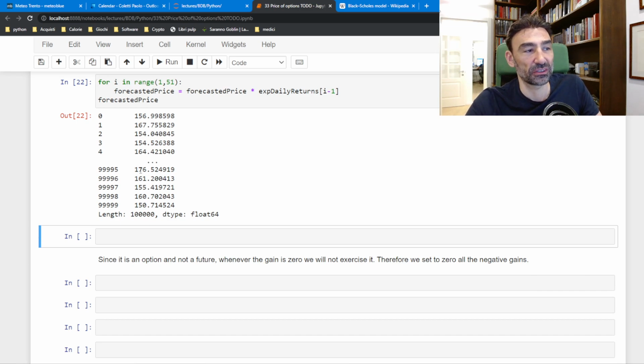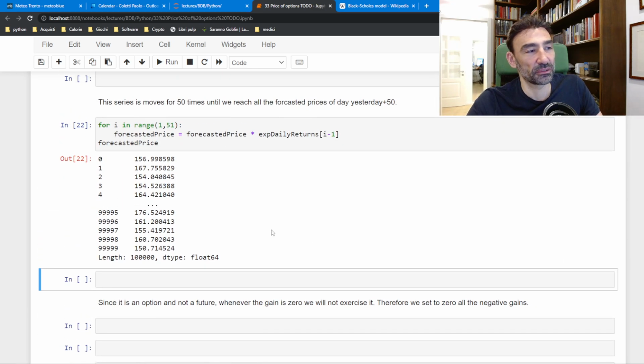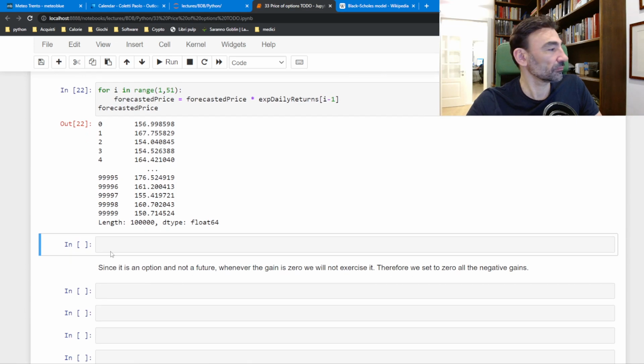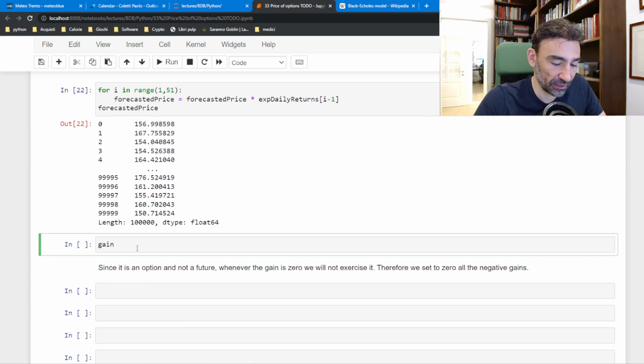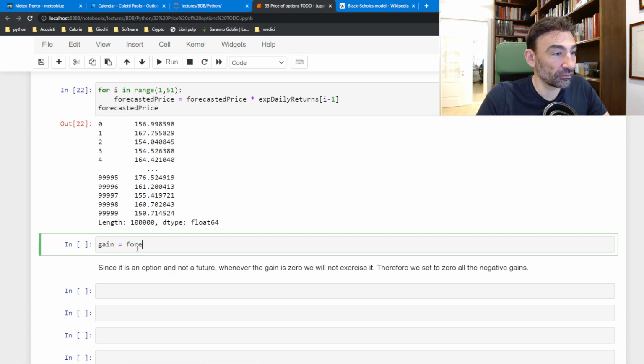You can see sometimes it's very high with respect to our strike price, which is 160. Other times it's lower. Okay, so we estimate the gain. I remind you that in case of a call option, the gain is the forecasted price minus the strike price.